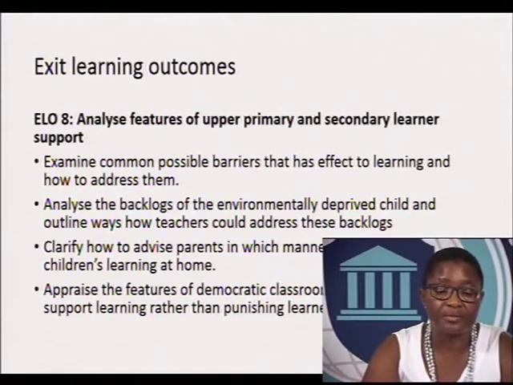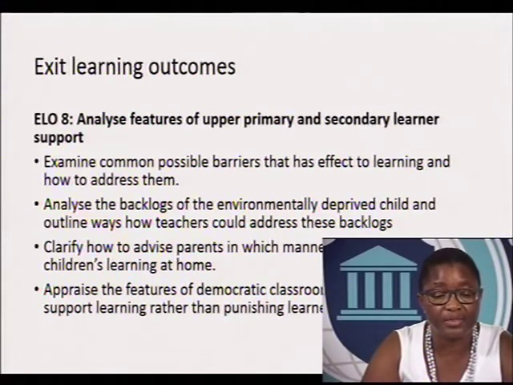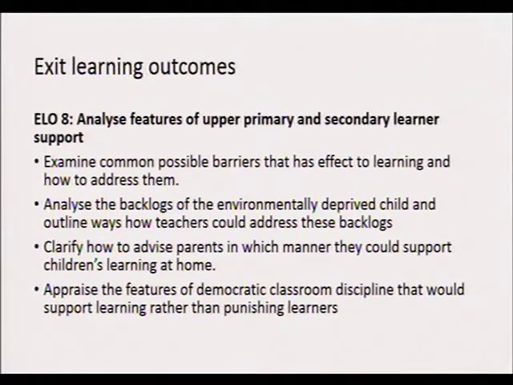Clarify how to advise teachers in which manner they could support children's learning at home. Appraise the characteristics or the features of democratic classroom discipline that would support learning rather than punishing learners.